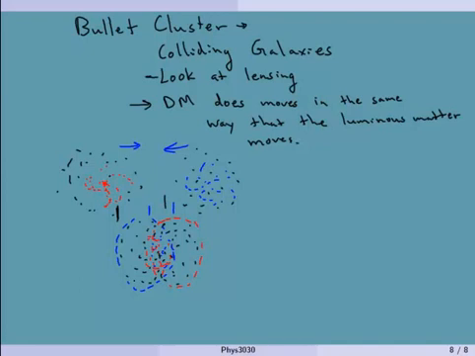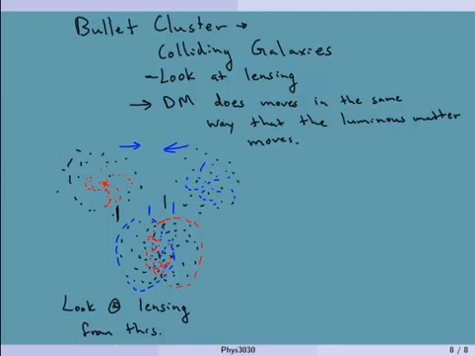And so the idea is I should be able to look at the lensing from this. And when I look at the lensing from this, I should be able to see how these distributions change. Okay, and the idea is that this should happen if I'm looking at matter.